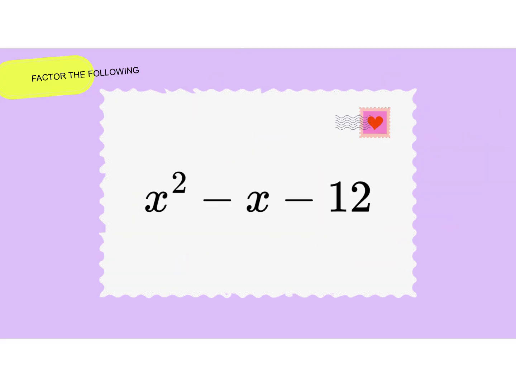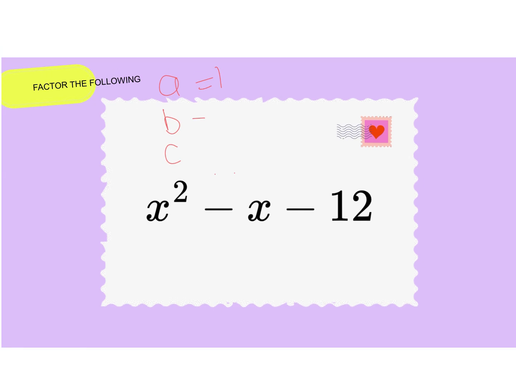So here's one. We're going to do Xbox on this one. Here we'll identify our A value, our B value, our C value. Notice our A value is equal to 1, our B value is negative 1, and our C value is negative 12. So we're going to play Miss Gray's Xbox.